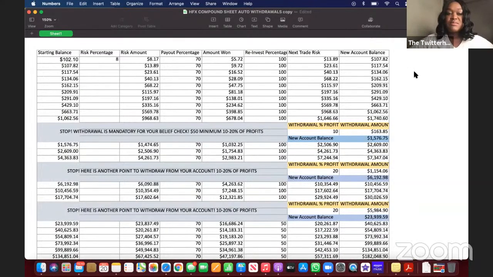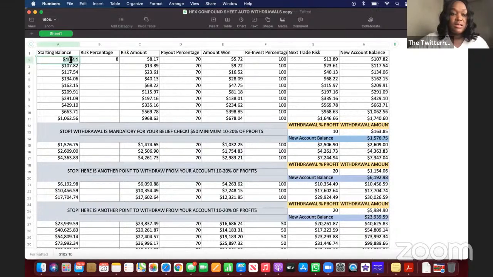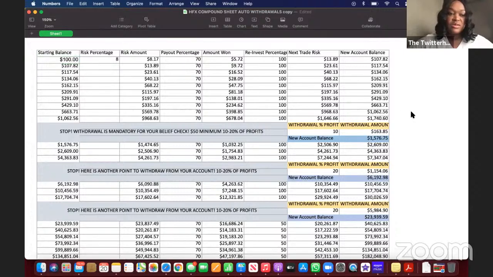But to do the same thing with 8% as your target, let's count this. 1, 2, 3, 4, 5 trades, you'll be at $200. You would have doubled your account in just 5 trades.